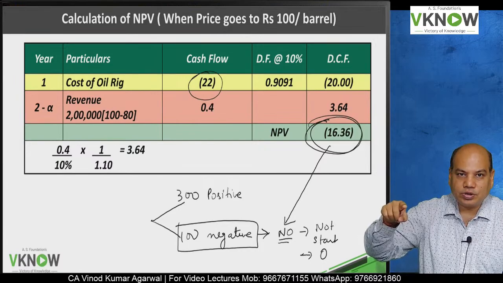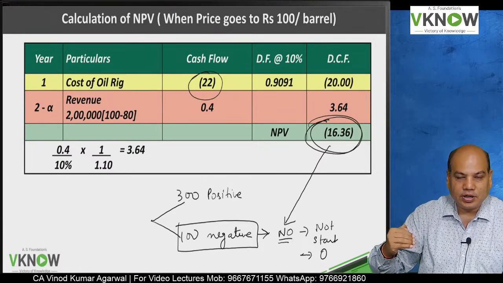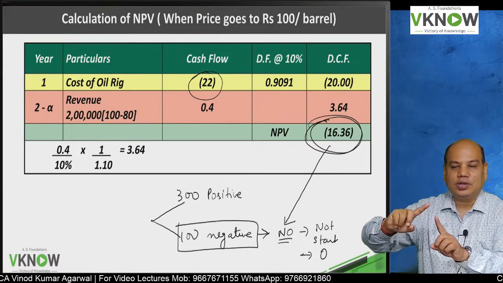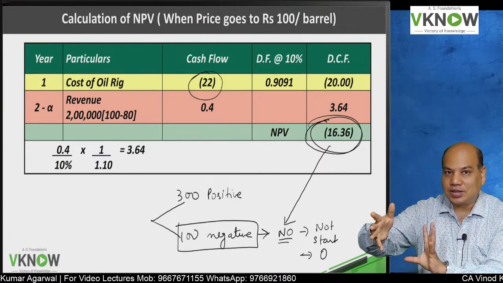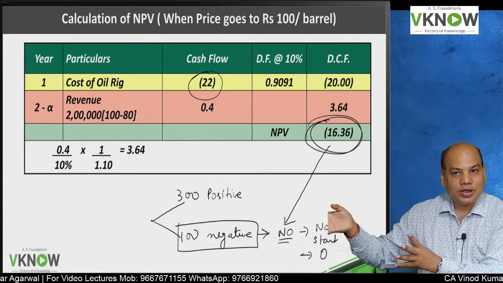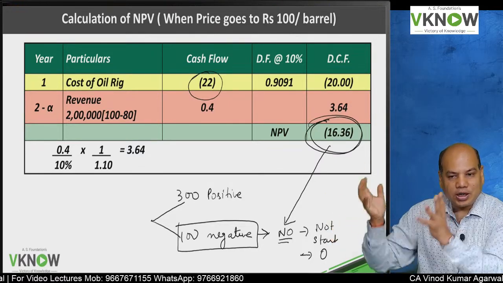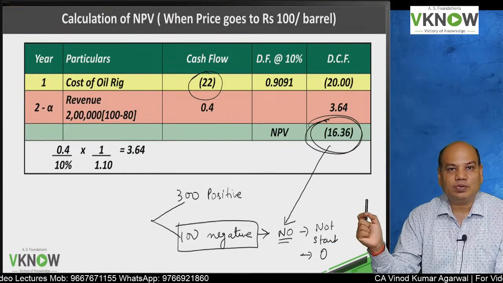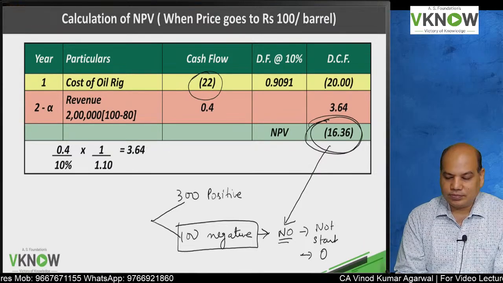Like in the previous question of gold mine, if the price goes down to 4,500, I will not start. But in that question, the price was below 4600, so you could easily understand. Here also, it is similar situation. I am getting negative NPV, I will not start. Therefore, I will take 0 NPV if the price goes down to 100.